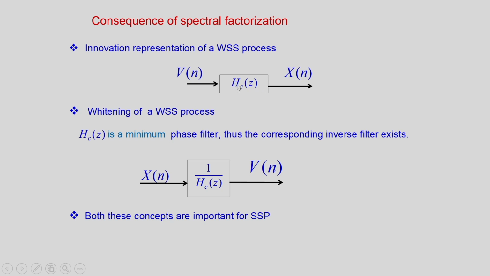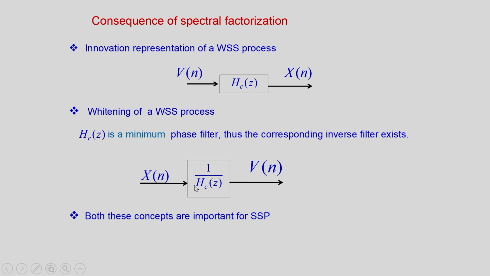Now, this Hc(z) is invertible because of the minimum phase property. Therefore, given Xn, we can get back Vn by means of an inverse filter, which is known as the whitening of a WSS process. If Hc(z) is a minimum phase filter, the corresponding inverse filter exists. Therefore, Vn is the output of the filter with transfer function 1 by Hc(z) for an input Xn.